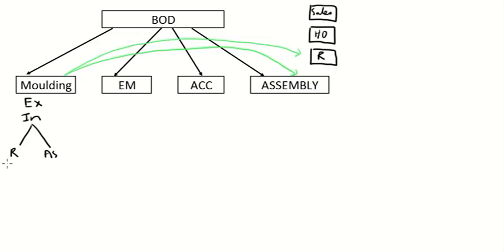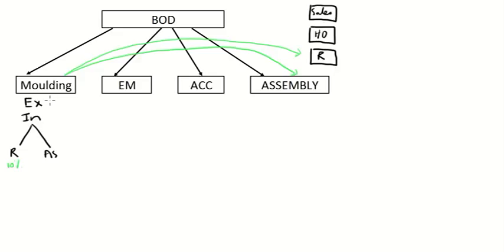So repairs, they tell us, is, let's see here, on average 6%, 10% and 10% of the output of accessories, molding, and electromechanical are sent to repairs. So that's 10% here. Okay, so we still need to figure out what goes to assembly.